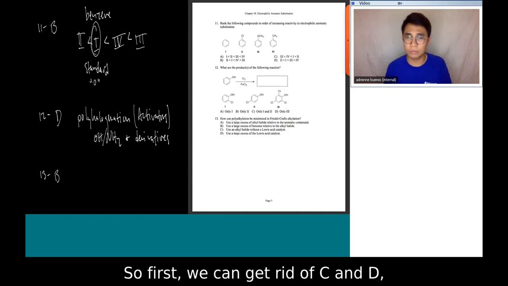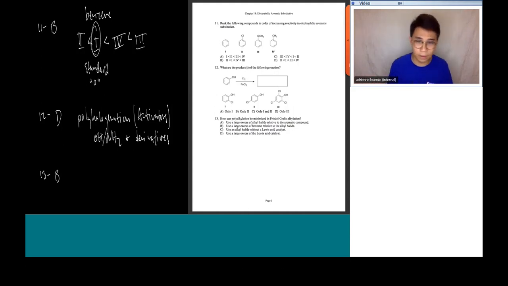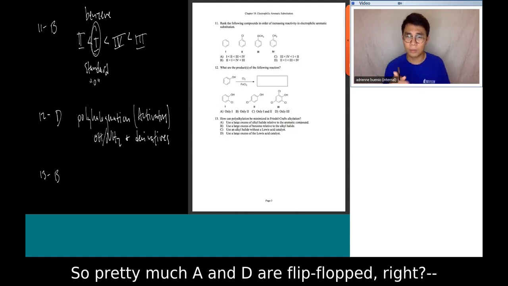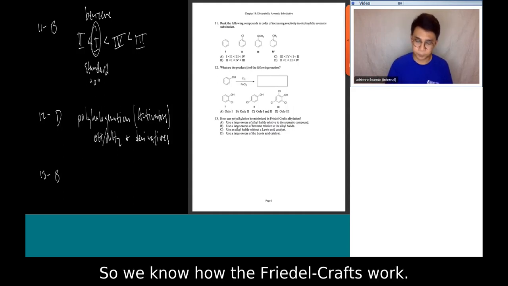First, we can get rid of C and D because Friedel-Crafts does not deal with acids or bases or anything like that. Okay, so now let's think about this. Pretty much A and B are flip-flopped, right? Excess alkyl halides or excess benzene. So how does Friedel-Crafts work?